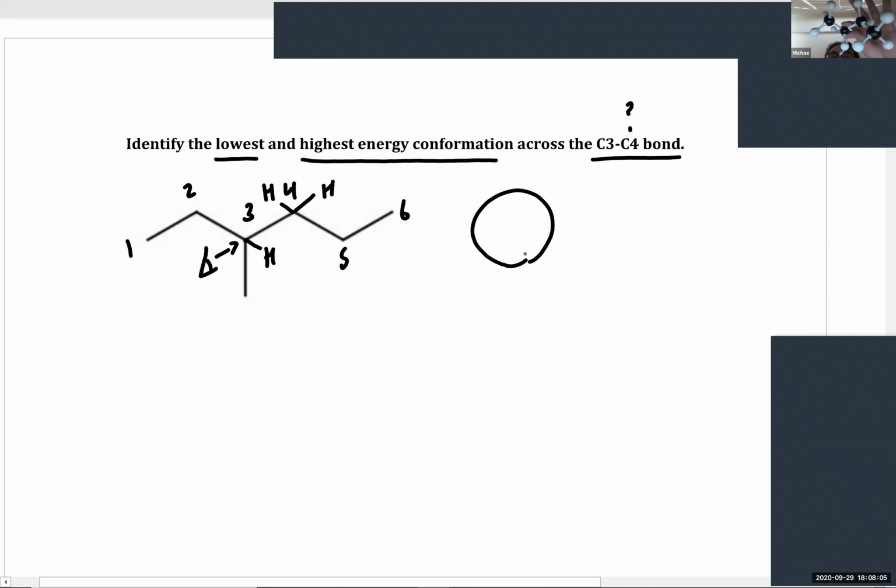What substituents do I have in the front pointing towards me?